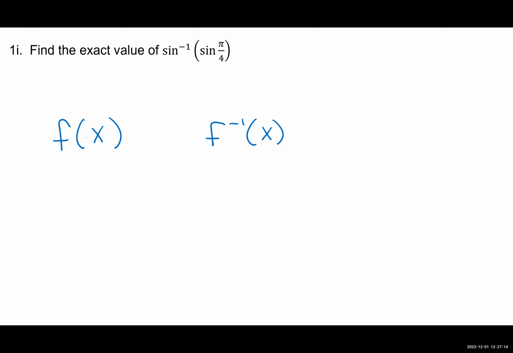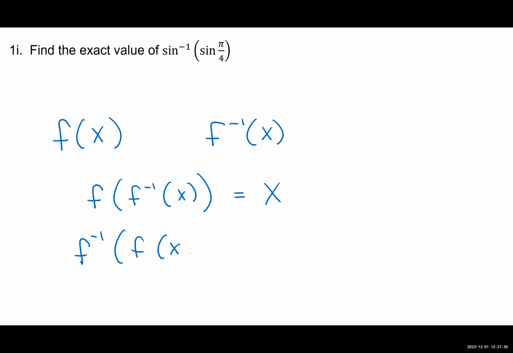What we saw was that if two functions are inverses of each other, then if you compose them, f of f inverse of x, you get x, and f inverse of f of x, you also get x. So essentially the function and its inverse cancel, and you're left with just x. And that's actually what happens here. The sine inverse and the sine cancel, and the answer is pi over 4.